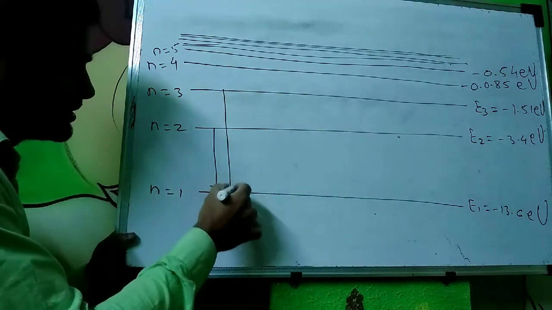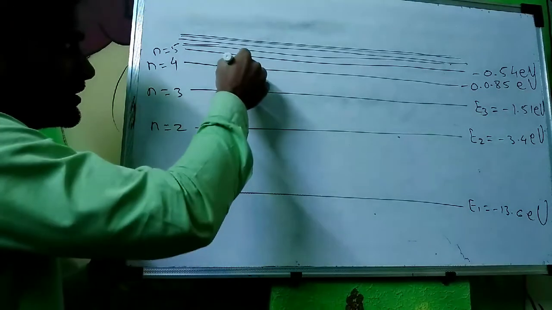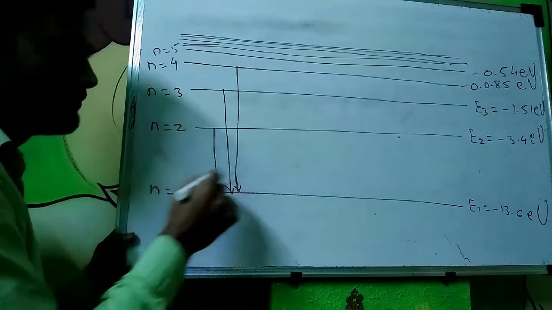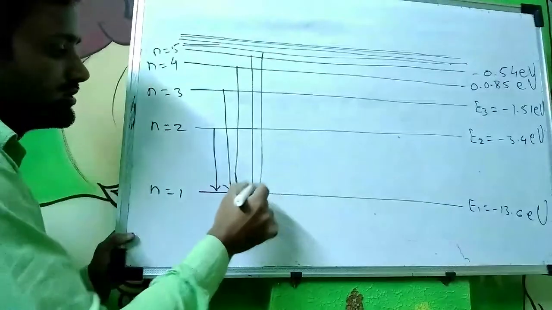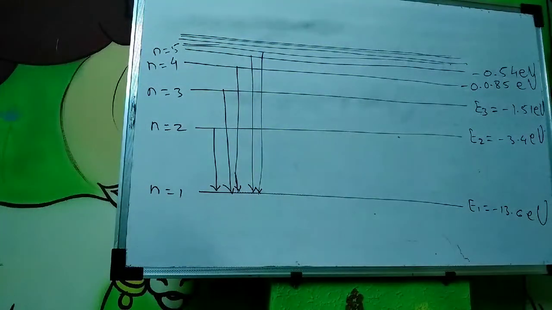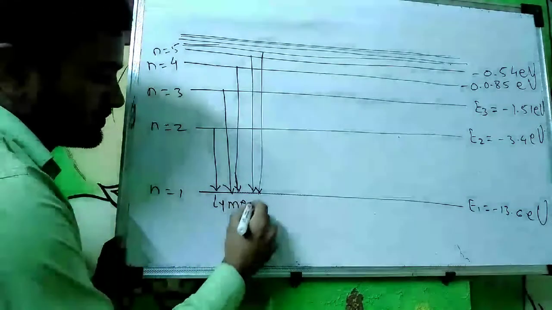From the third orbit, after receiving the energy, it again returns to the first orbit. So transition from all higher orbits takes place, but again it returns to the first orbit. So this series shows the Lyman series.